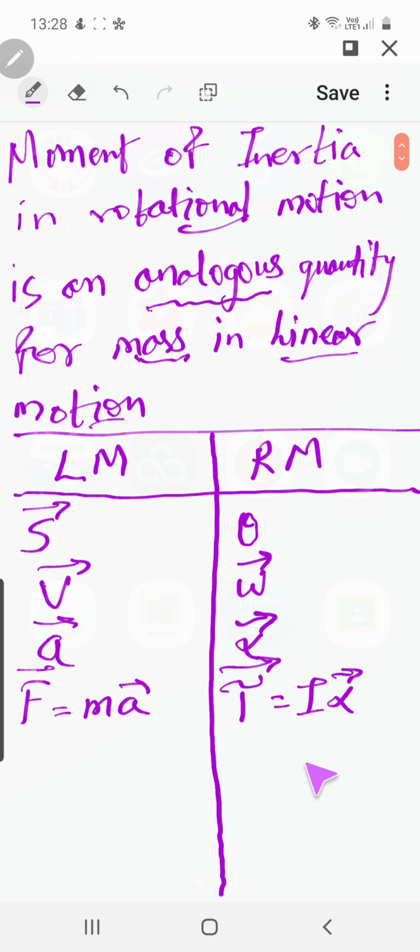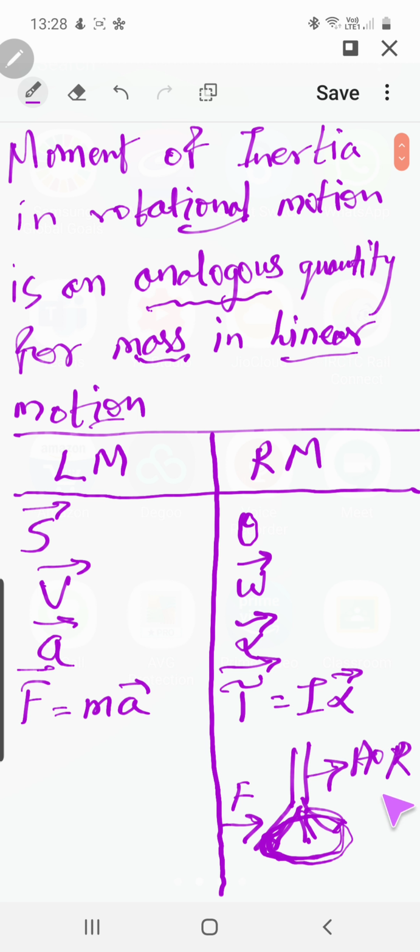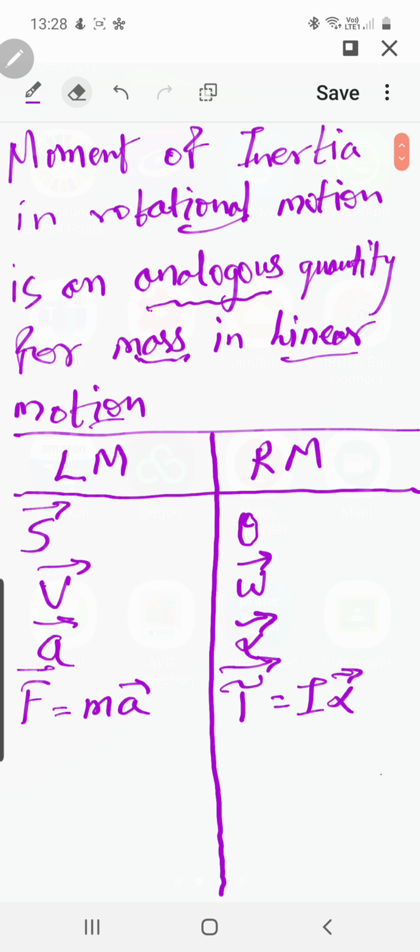Like in the case of the blades of a fan, if I apply force from this particular direction, the blade of the fan will rotate with respect to this axis of rotation, AR, and when it is rotating, it has a twisting effect. So whenever we apply a force in rotational motion, we get a torque.